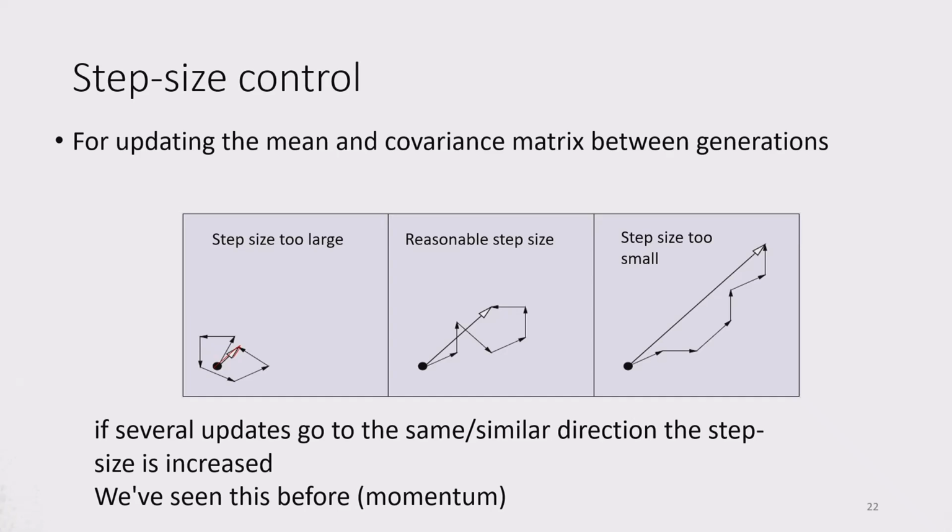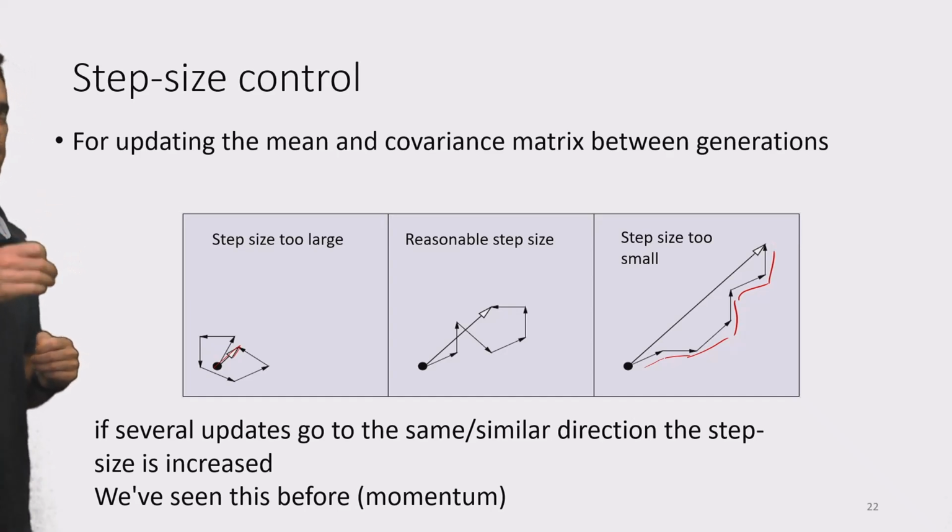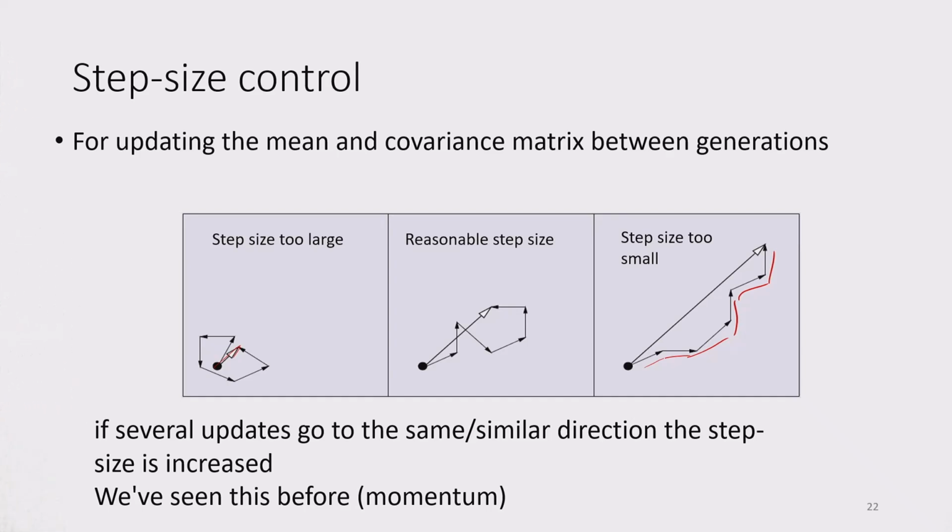We don't want it to be too small in the sense that we're performing several gradients in the same direction. We know that we could just take a bigger step and then avoid several generations, just get to the correct general direction of the optimal location.